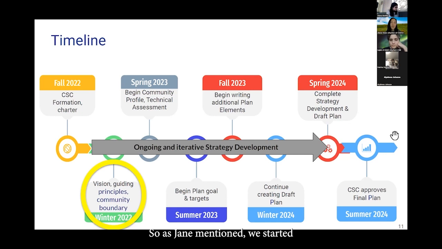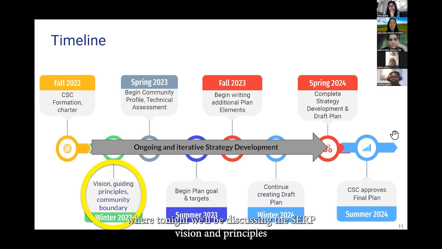As Lujane mentioned, we started in February 2022 with the California Air Resources Board selection and AB 617 designation for East Oakland. We have 2 years to create the community emission reduction plan, so this will take us into summer of 2024. Currently we are in winter of 2022 and spring of 2023, where tonight we'll be discussing the CERP vision and principles, as well as the CERP timeline extension.